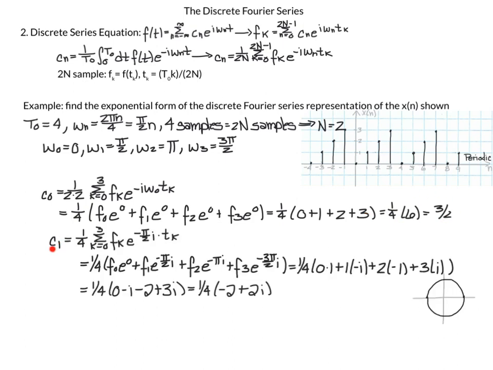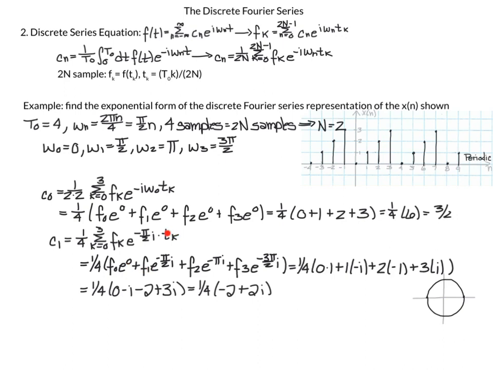Now I can calculate c1. I have 1 over 4, k goes from 0 to 3, f of k, e to the minus, now omega 1, when n is equal to 1, is pi over 2. So I'm going to have minus pi over 2 i times my time t sub k. So that's 1/4, f0 e to the 0 plus f1.